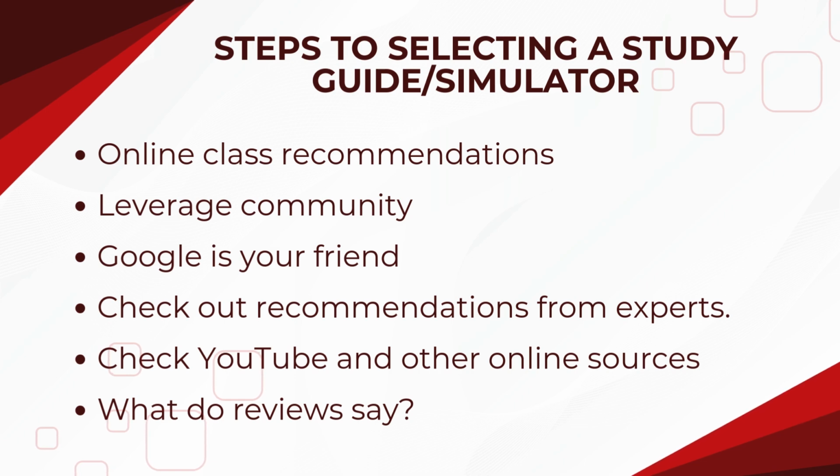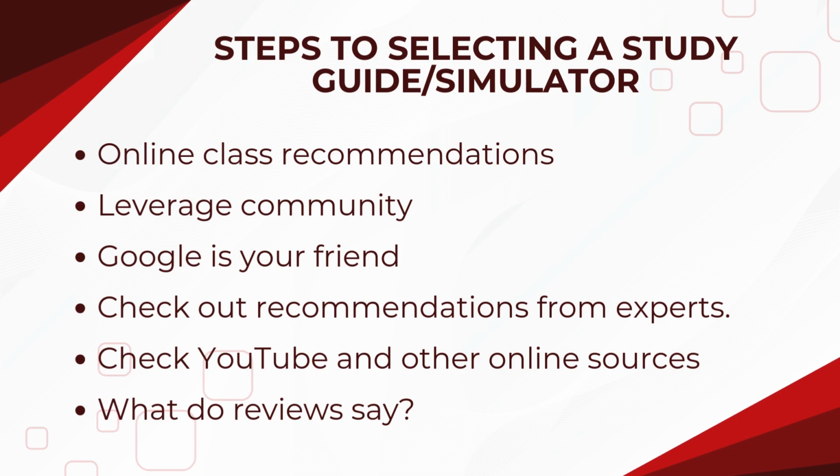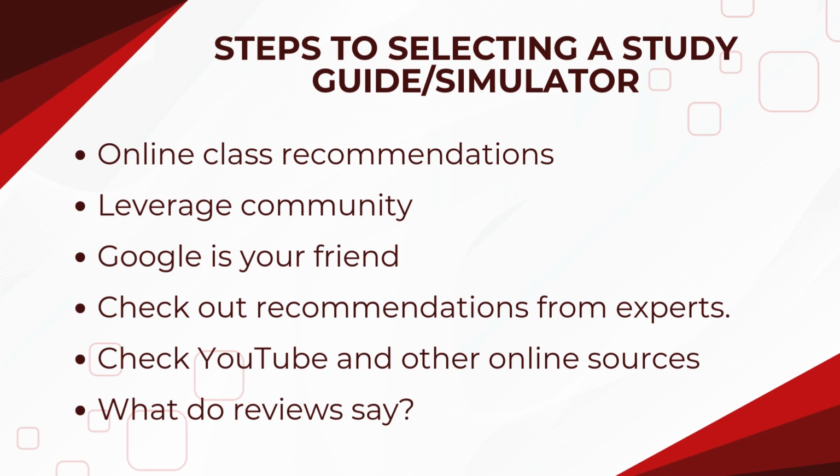There are experts, whether it's PMP, Scrum, or even BA. There are experts on LinkedIn, there are experts on Udemy and so on. And those, after their online classes or even in their field, they would make recommendations. So see what they have recommended for you to use for preparation for your exam.